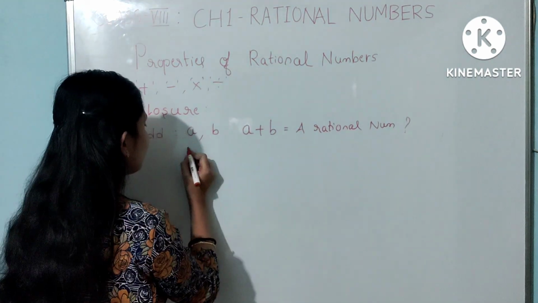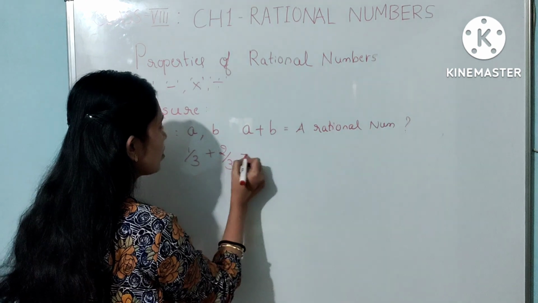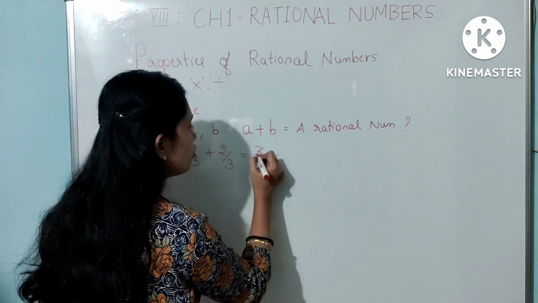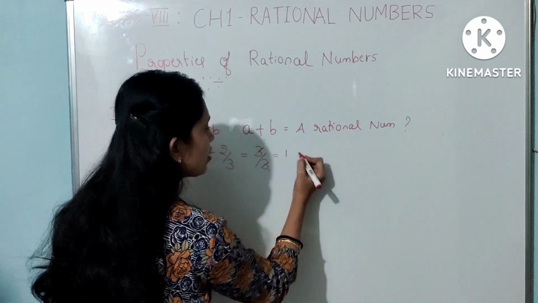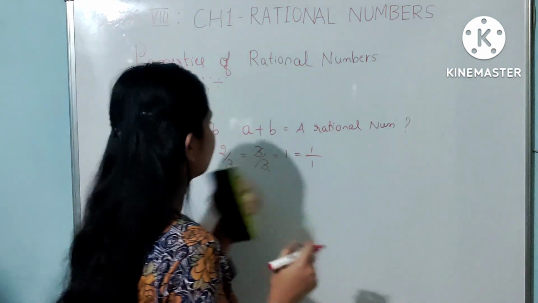Let us take an example. 1 by 3 plus 2 by 3. The value is 3 by 3, which is equal to 1. Correct? 1 can we write like 1 by 1? Yes. So it's a rational number.